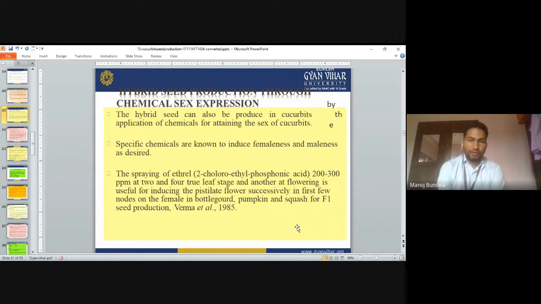It is useful for inducing pistillate flowers successfully in the first few nodes of the female in bottle gourd, pumpkin, and squash for F1 seed production. So we can use 2-chloroethyl phosphonic acid at 200 to 300 ppm at the 2 to 4 leaf stage.